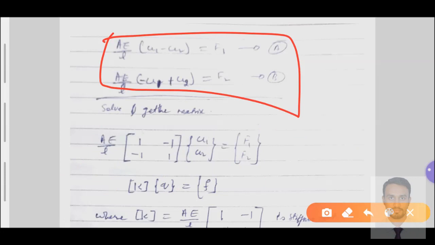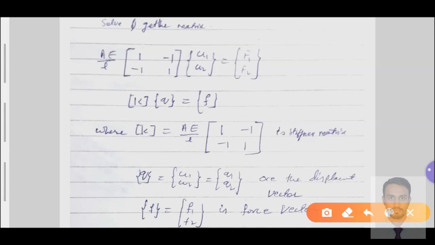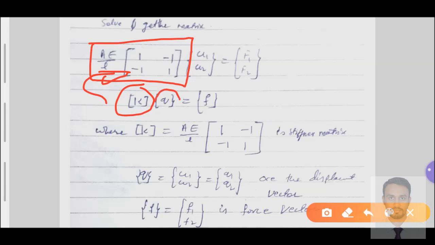So AE divided by L, matrix 1 minus 1, minus 1 1. The u1 coefficient is 1, u2 coefficient is minus 1, u1 coefficient is minus 1, u2 coefficient is 1. U1 and u2 we have taken as a vector outside, and similarly the force vector. Generally we know the equilibrium equation K into Q is equal to F. K is this matrix, Q is this one, F is this.